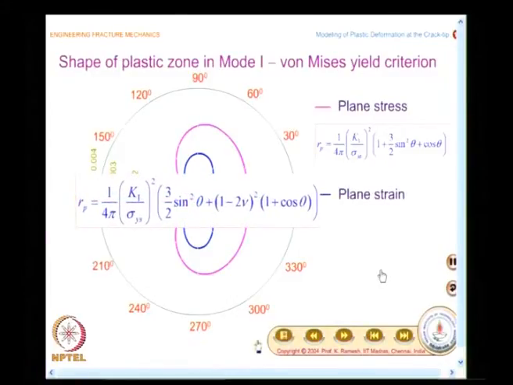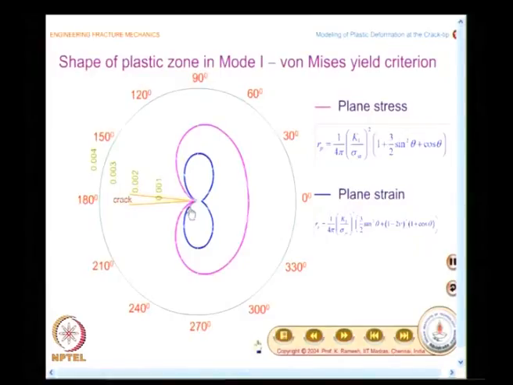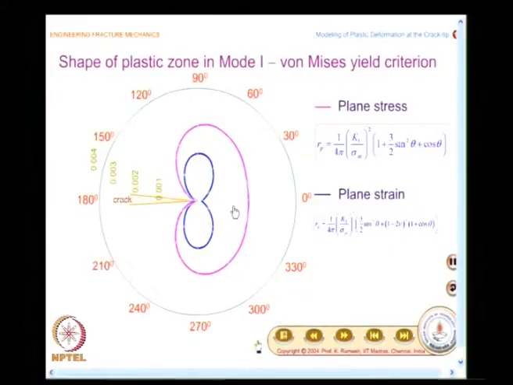The expression you have already written, and here again you have a visual representation that the plane strain plastic zone is very small, and this is also very similar to the shape of the isochromatics. There are similarities between the two. So, make a neat sketch of this, and we would have similar plots drawn for mode 2 as well as mode 3.